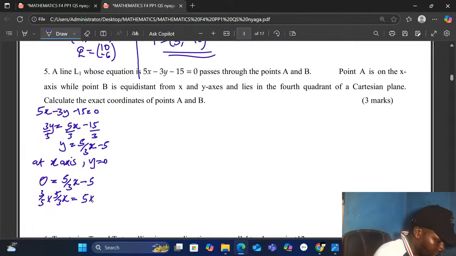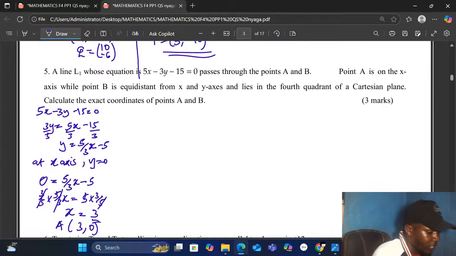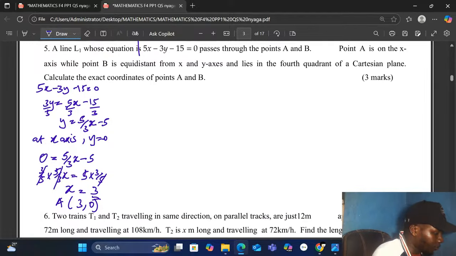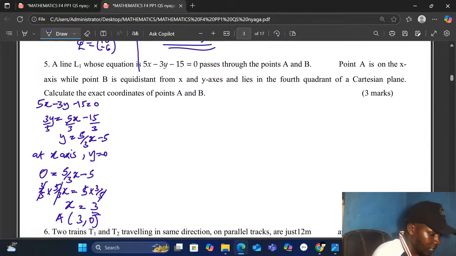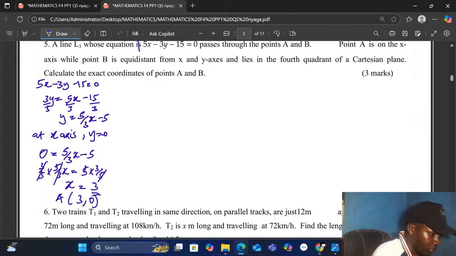Multiply by 3 over 5. This one cancels, so that our x is equal to 3. So when y is 0, we have point A as (3, 0). So that is now the coordinates of A.